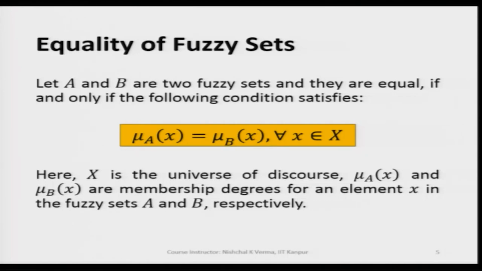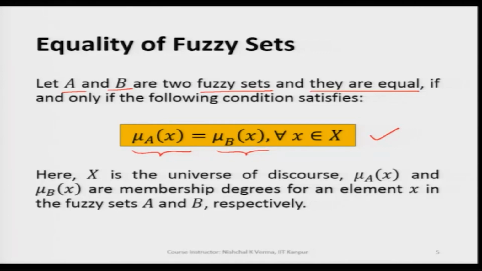If A and B are two fuzzy sets, we can say they are equal only when their corresponding membership values are also equal.